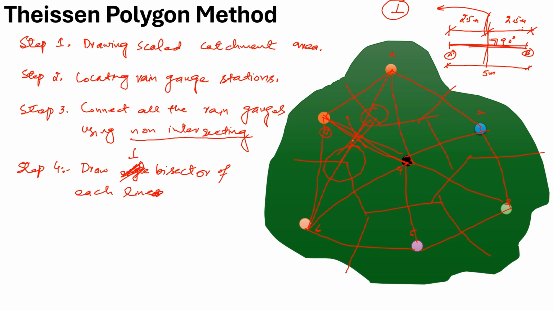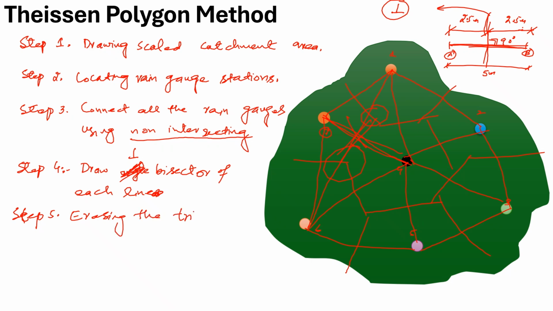The bisectors may intersect each other, but the triangles can never intersect each other. Perpendicular bisectors will intersect each other for sure, but lines of triangles can never intersect. When you have drawn the perpendicular bisectors, step 5 involves erasing the triangles.